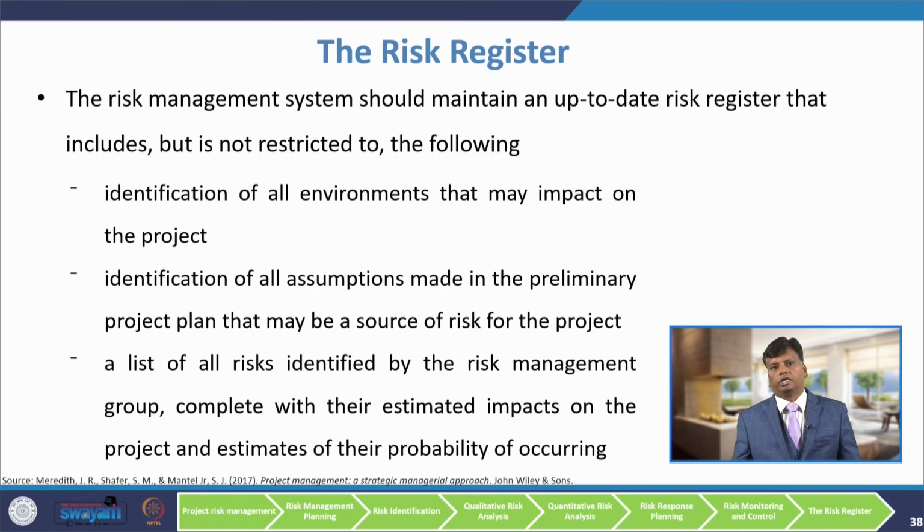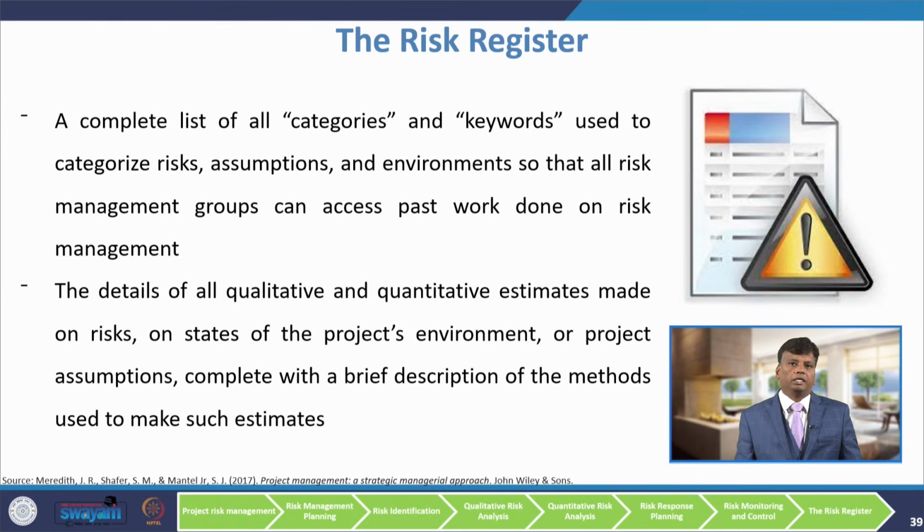Also a complete list of all categories and keywords used to categorize risks, assumptions and environments, so that all risk management groups can access past work done on risk management. Then the details of all qualitative and quantitative estimates made on the risk, on states of the project's environment or project assumptions, complete with a brief description of methods used to make such estimates. So, these are the points that have to be recorded in the risk register.